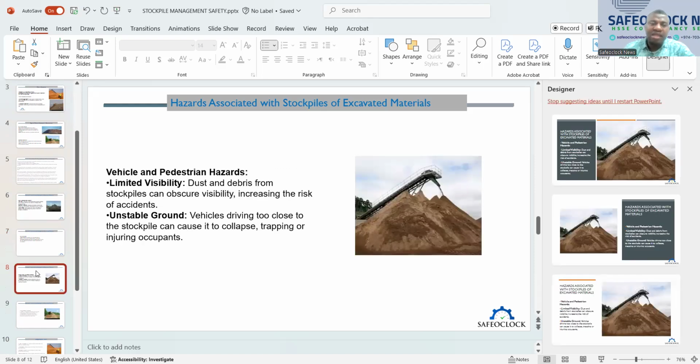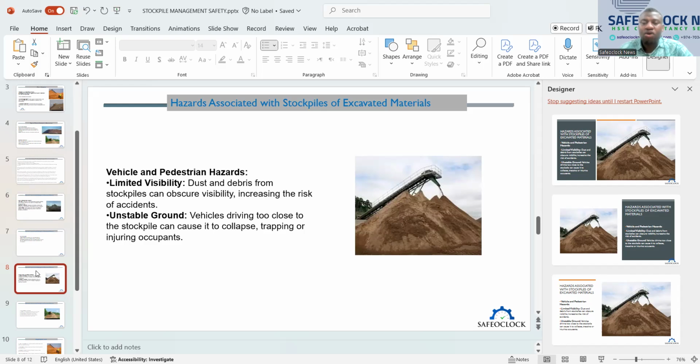All right, then limited visibility. You know that stockpiling involves taking these materials, and in some cases the pile gets so high that you will not be able to see the other side. So being able to see the other side is one of the challenges that people working inside the stockpiling area will face.